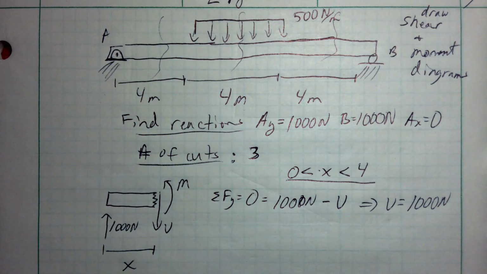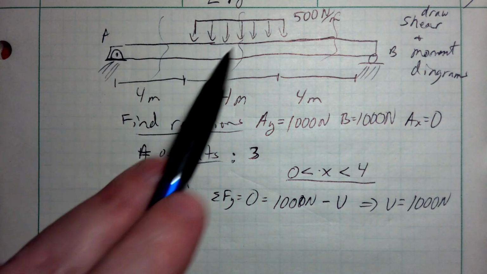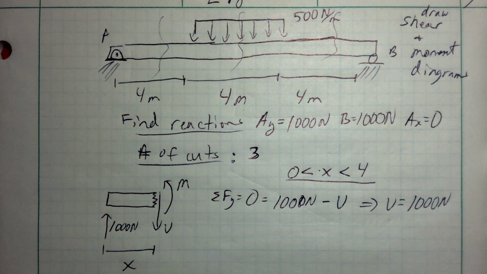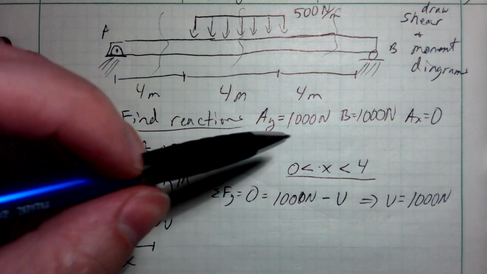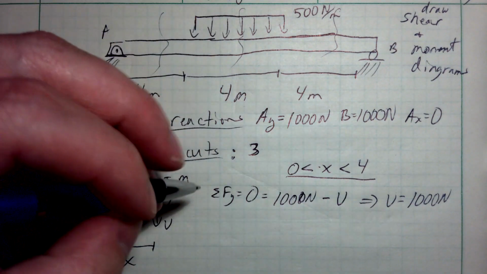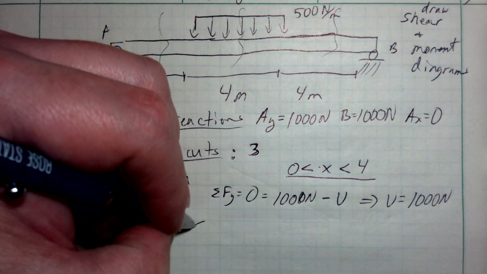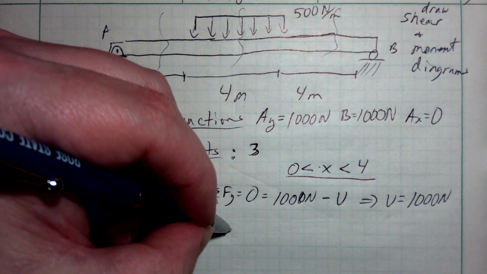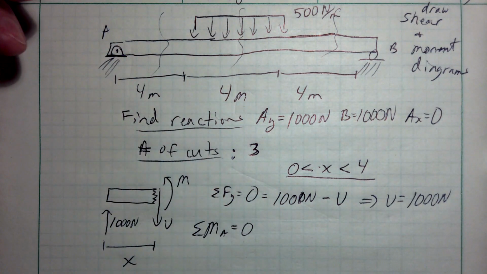Again, we've done this problem before where I've made these 3 cuts. Now we're going to write these as functions of an arbitrary x value. So the shear stays a constant value through here, but the moment, if I take my sum of moments about any point, I'm just going to take them about A to keep it simple.